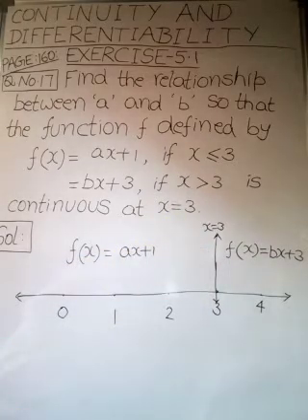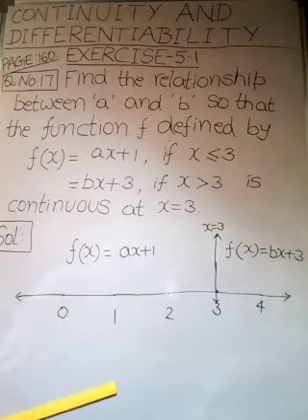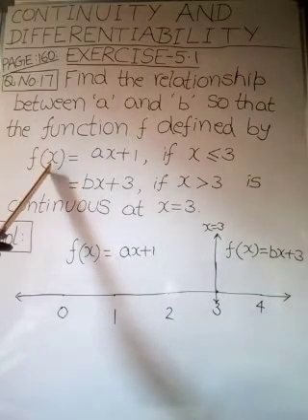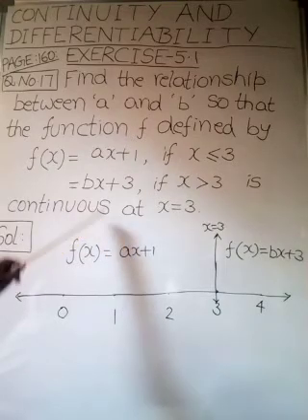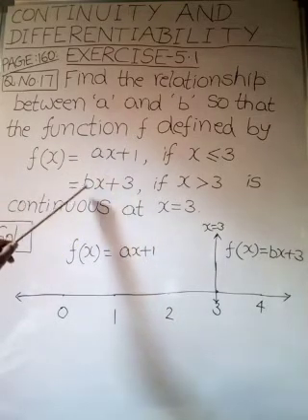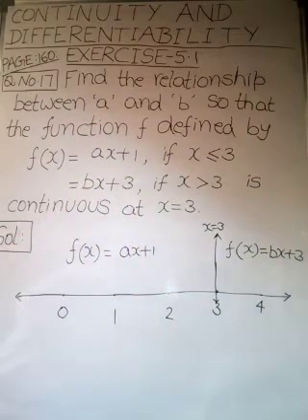Understood the question, my dear children? First read the question completely and clearly. Here the given function is continuous at x is equal to 3. Then we have to find the relationship between a and b. Is the question clear?